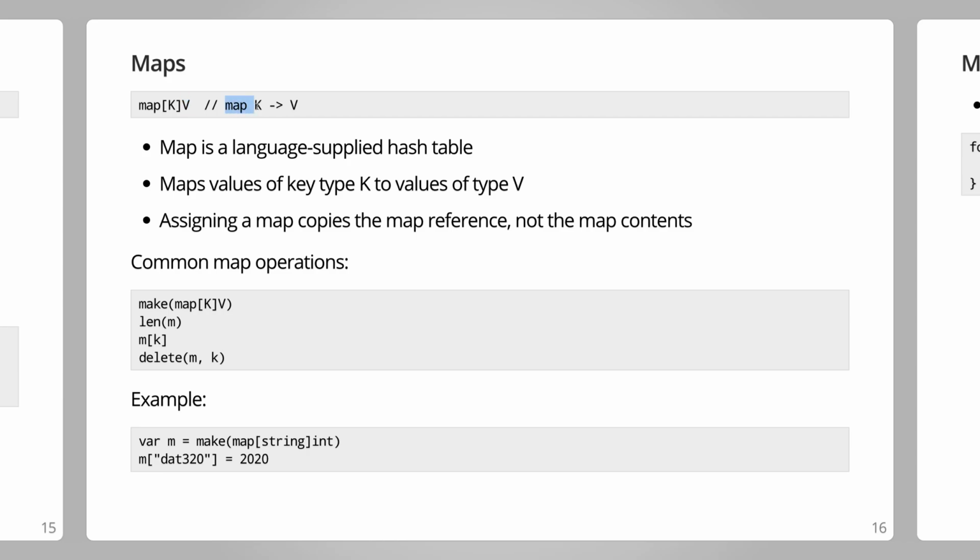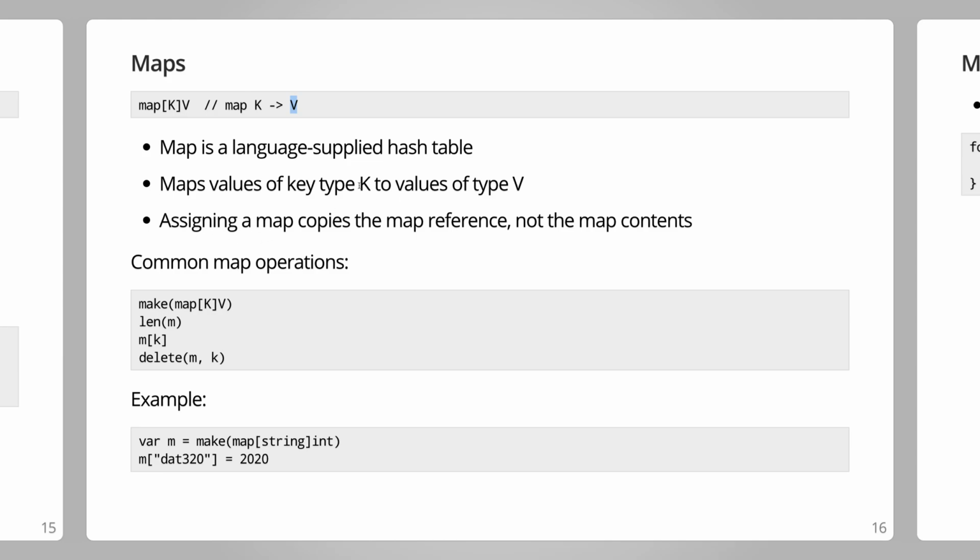That basically gives you a map from some type key or K to some type V or value. So it's basically a language-supplied hash table or dictionary, a map of values of type K to type V.